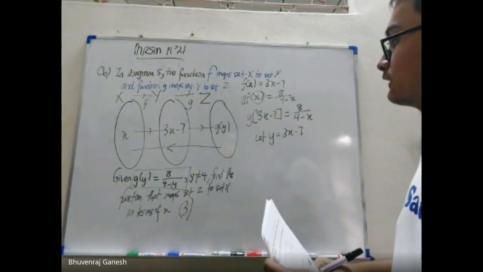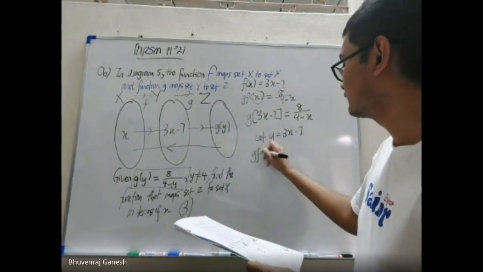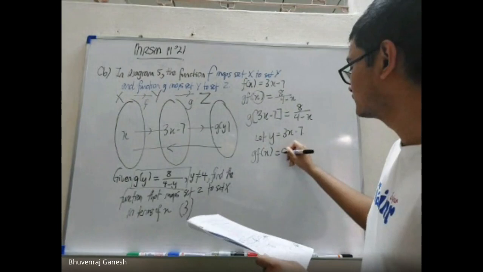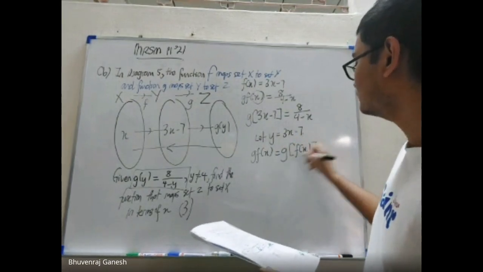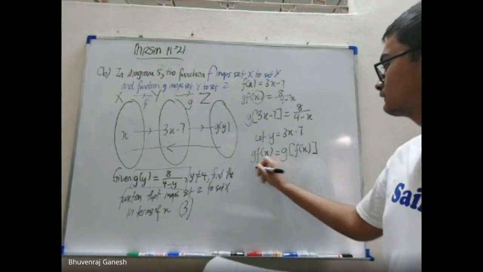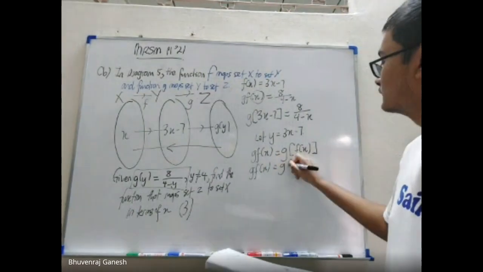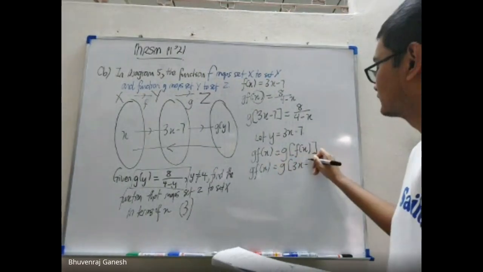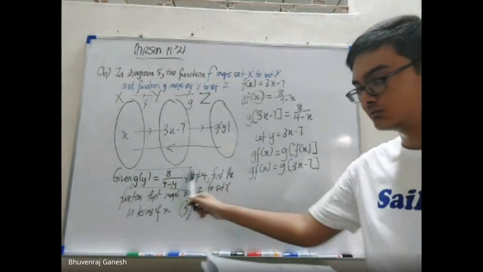So you want to find the composite function here, you can actually directly do g(f(x)) is g bracket f(x). We already know the f(x) function. So g(f(x)) will equal g(3x minus 7). And we can substitute this one inside this one over here.